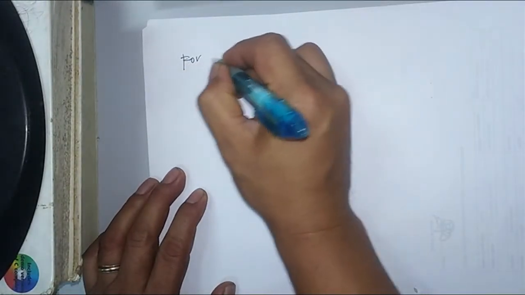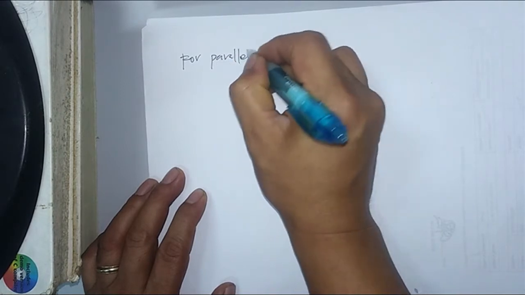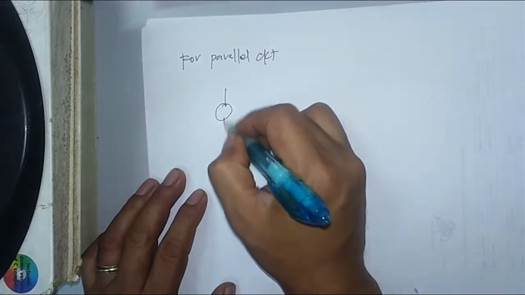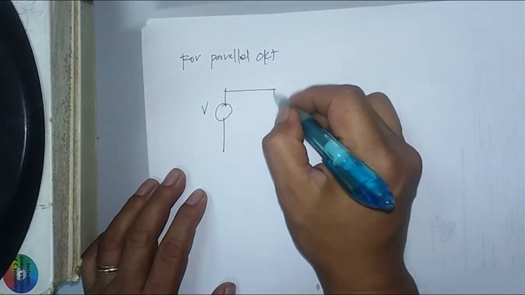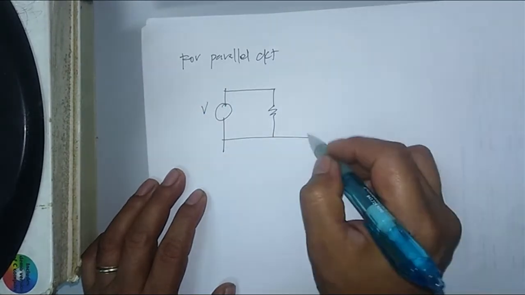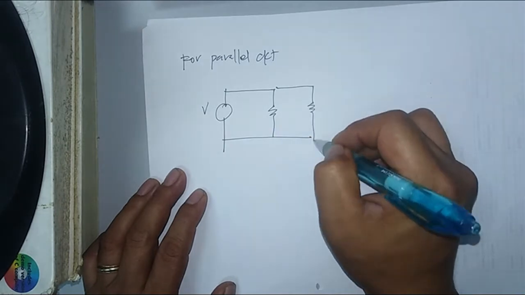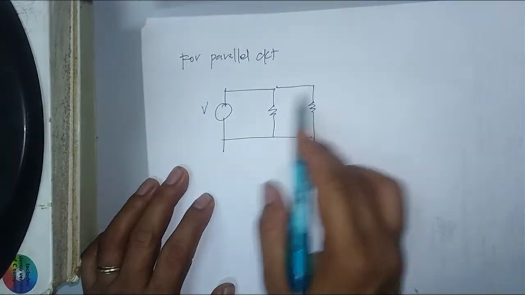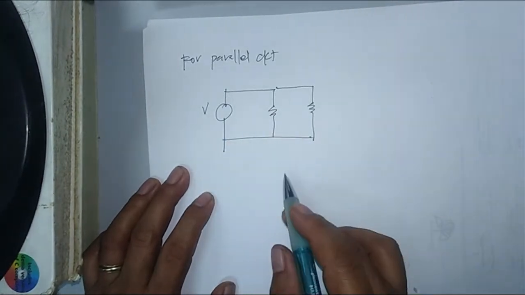Now for parallel circuit, let's have this one. Take note when we say parallel. Now I have a voltage source here. Parallel, meaning to say they are connected with the same branch. This is the branch, and all elements are connected in the same branch.